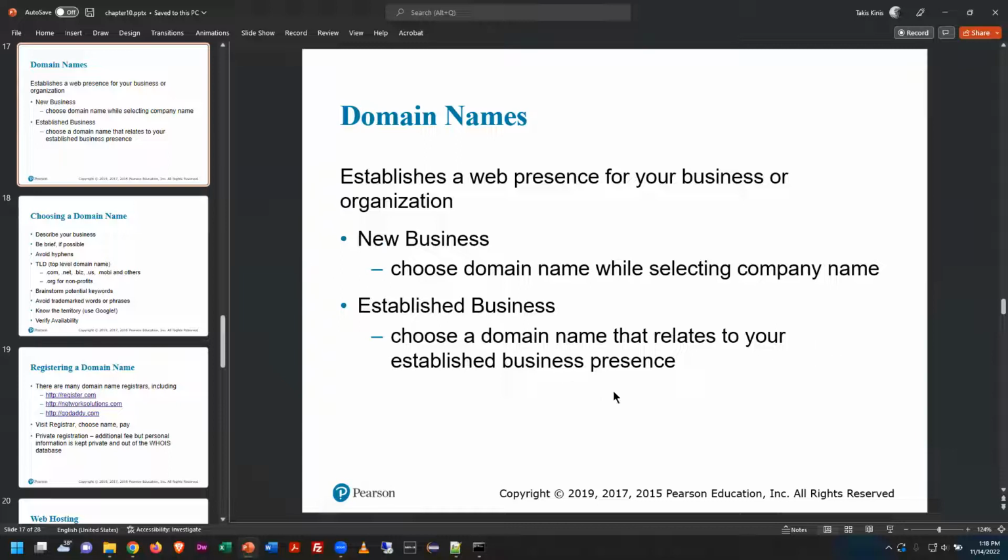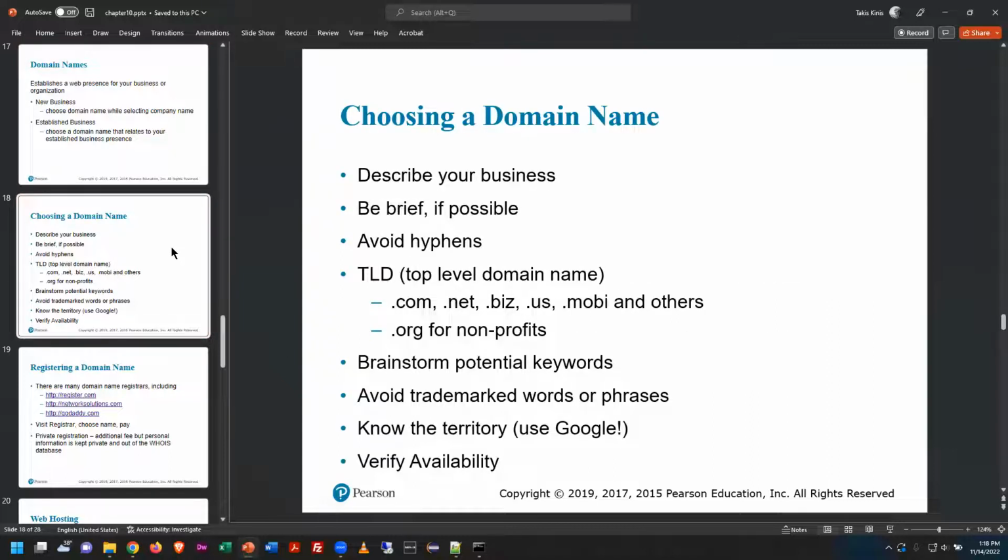But the name that you choose is, I think, pretty important, right? There's some that are better than others, so now when you go out there and you choose a domain name, these are some tips from the author. You should describe your business. So, for example, if your business has a name, it might be the best idea to have your business name in the domain name, right? So if your business is like Joe's Hamburgers, maybe joeshamburgers.com is the one you should buy, right?